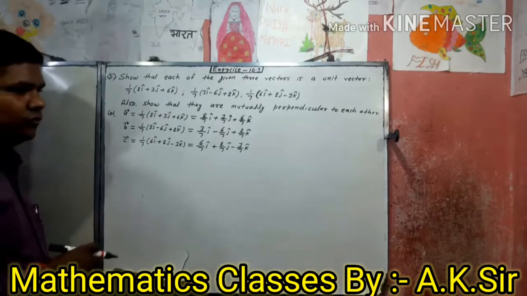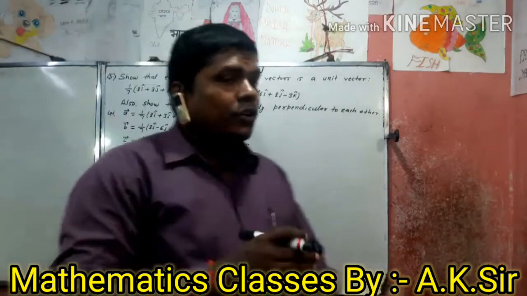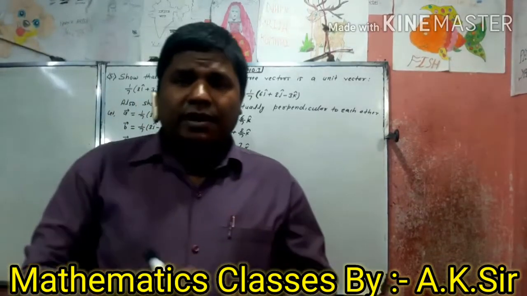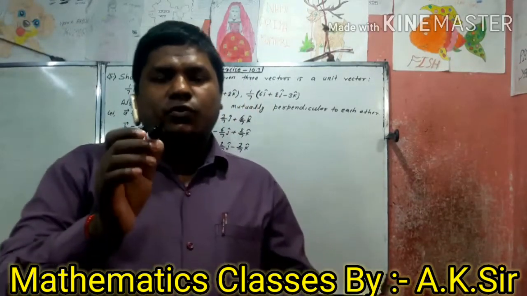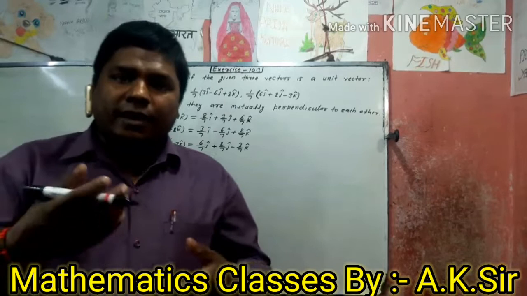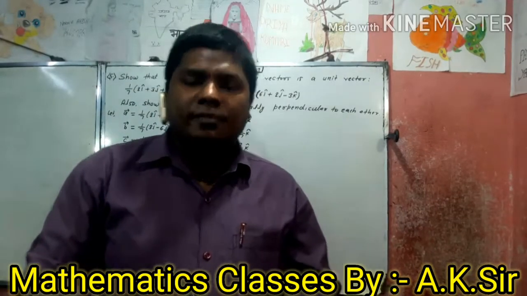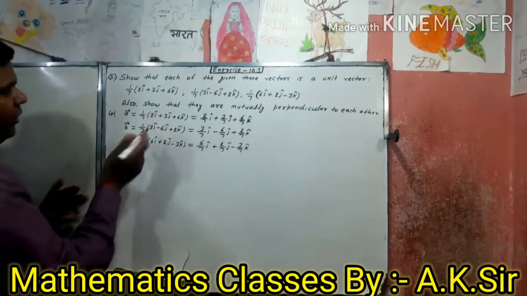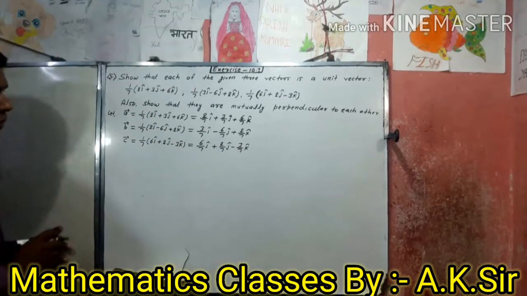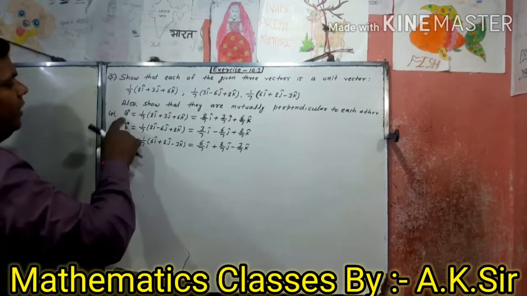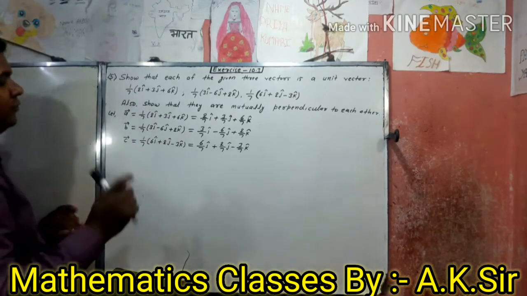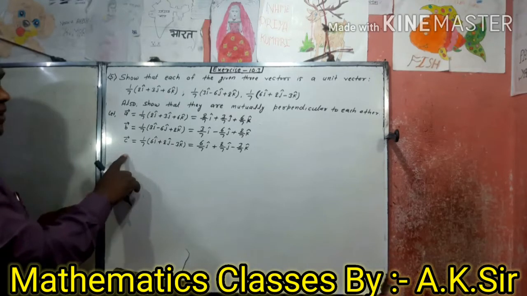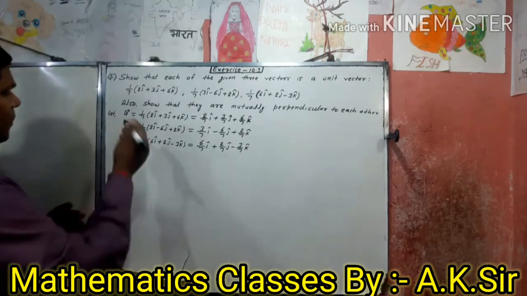First of all, we know about unit vector. That vector whose magnitude is 1 is called a unit vector. It means magnitude of A vector must be equal to 1, and also magnitude of B is equal to 1, and also magnitude of C vector is equal to 1.